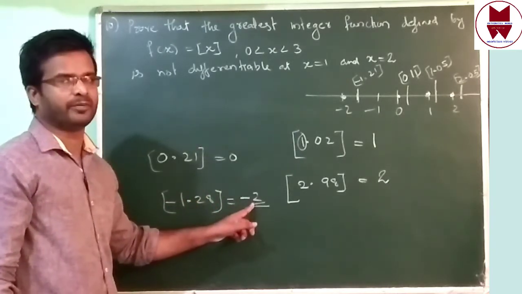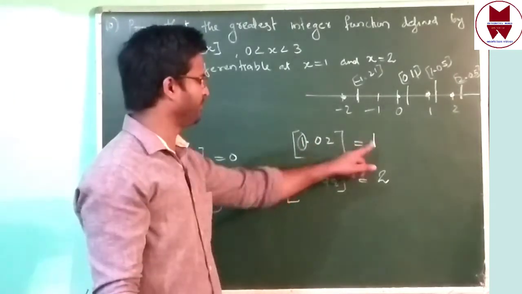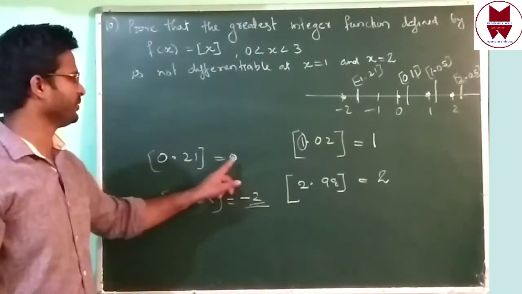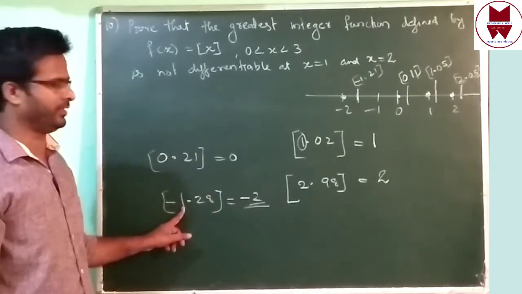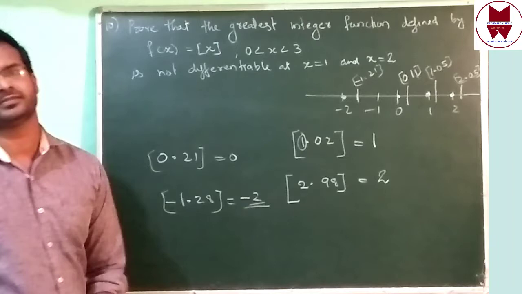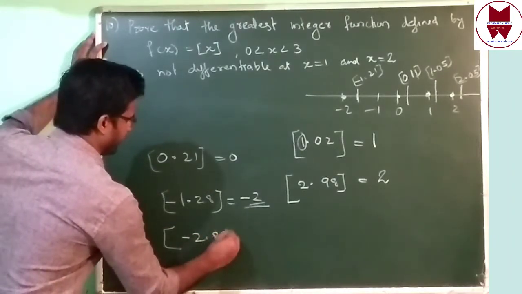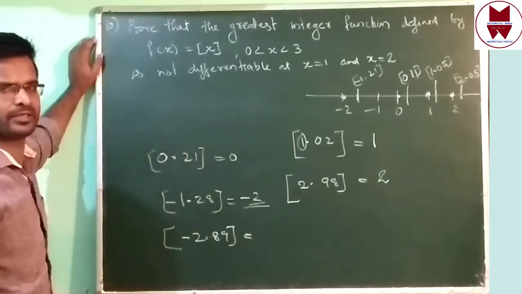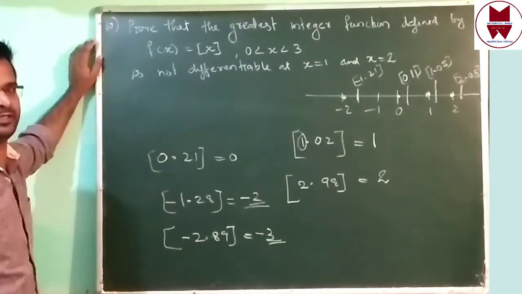We have to write minus 2 in the case of a negative number. But here directly 1, 2, and this one also 0. But here minus 1 is there, but don't write minus 1, write minus 2. Then same like that, minus 2.89 equals, what will be our answer? We will write minus 3. Don't write minus 2.